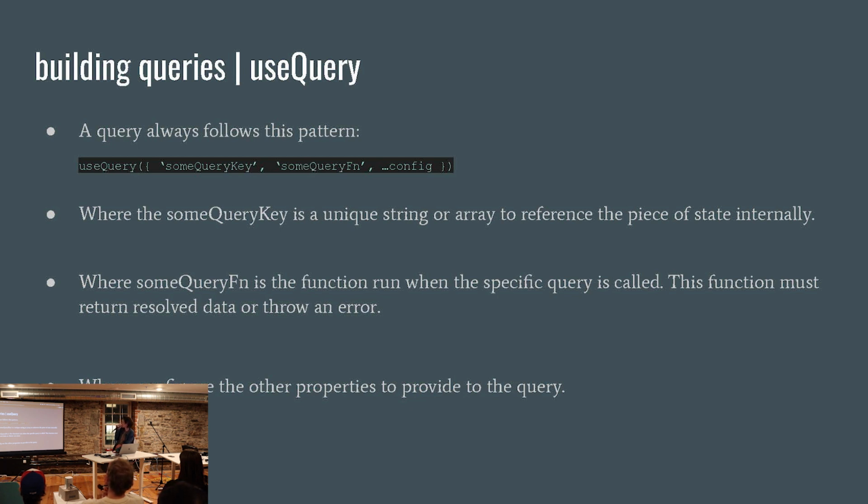And then, some query function, where the some query function runs when the specific query is called. This function must return resolved data or throw an error. So the query function is what actually uses an HTTP client and goes and grabs that data.